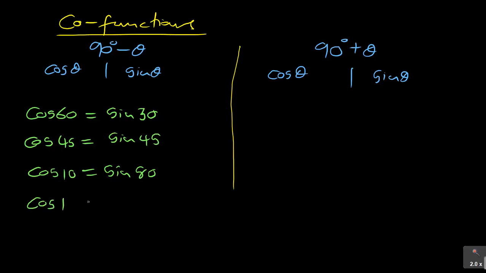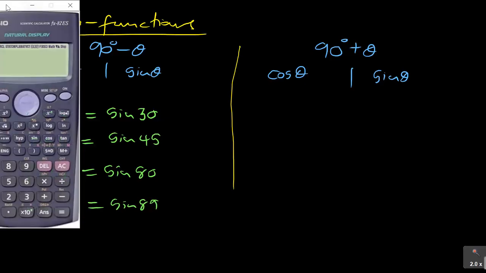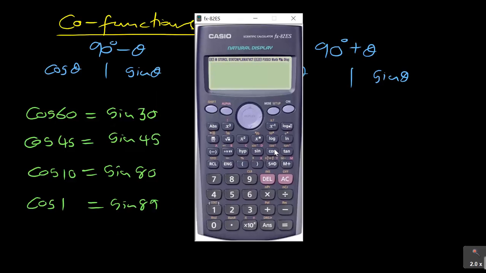If I say cos 1 is equal to sine 89, we can quickly test these numbers so that you can see that what I was saying is correct. It's not like I crammed these, but you'll see why I was getting that. Look, cos 60 is half, then sine 30.